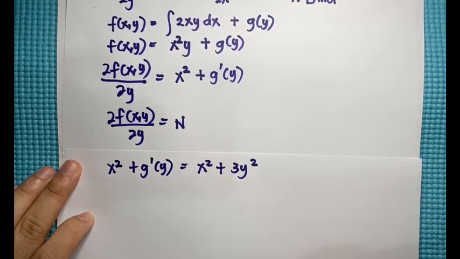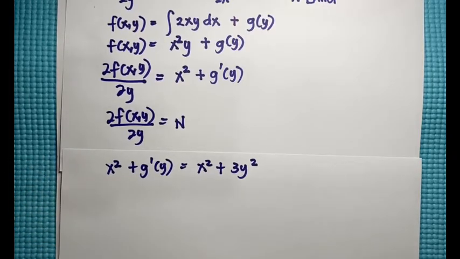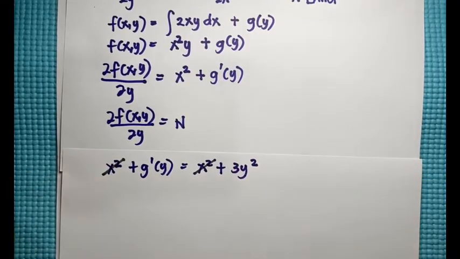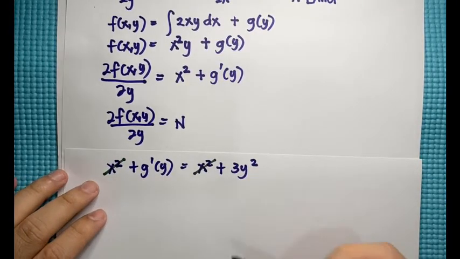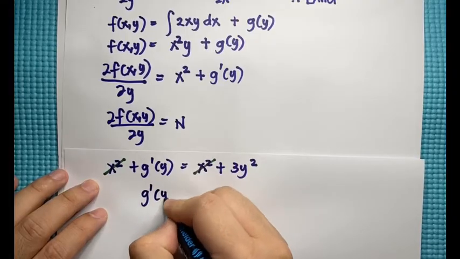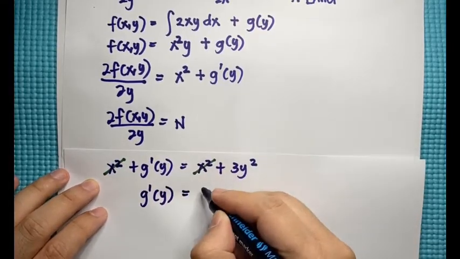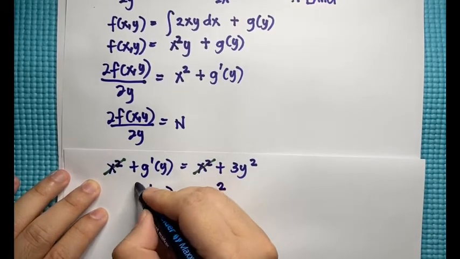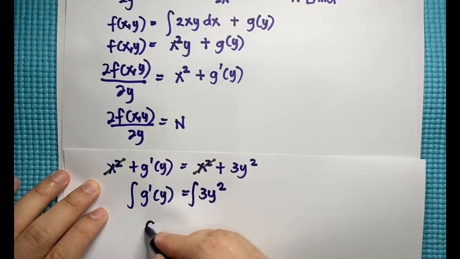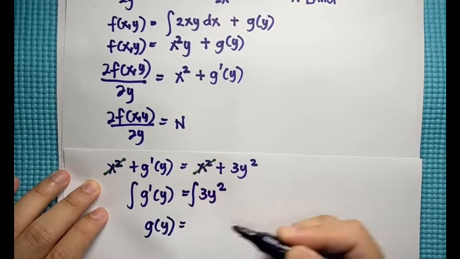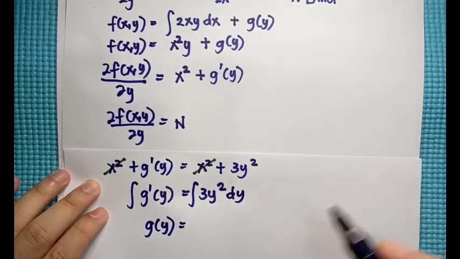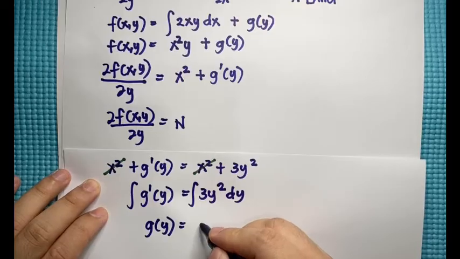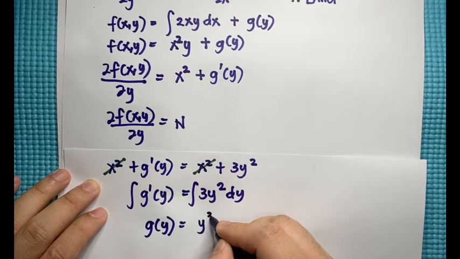And from here, we can cancel out x squared, and this is x squared as well. So giving us g prime of y equal to 3y squared. And again, integrating both sides, giving us g of y, I'm just going to append dy there. So giving us y cubed all over 3 multiplied with 3, or that would just be simply y cubed.